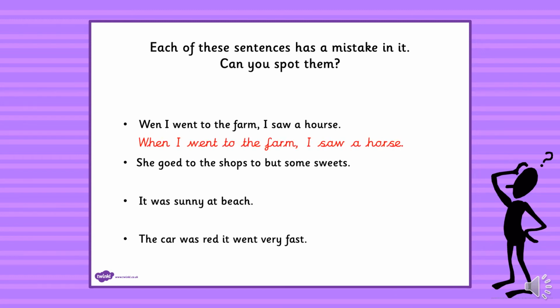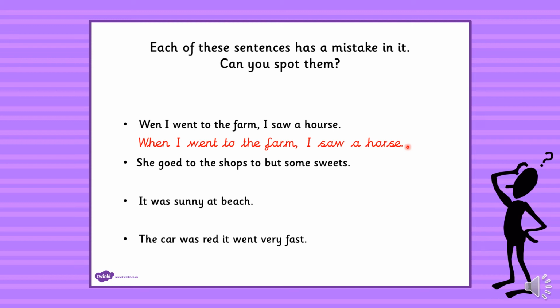So your first sentence, when I went to the farm, I saw a horse, had no punctuation errors, but there were some spelling mistakes. So our spelling of when is incorrect. Hopefully you spotted that because it's a word you should know. And our spelling of horse was incorrect.